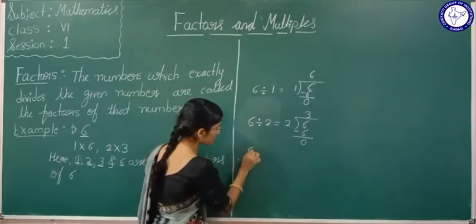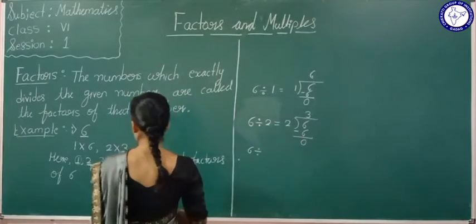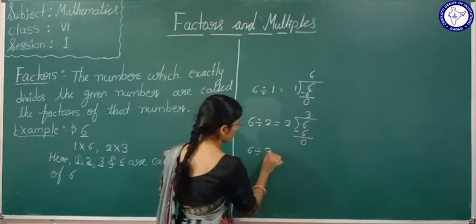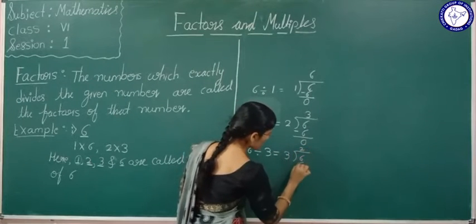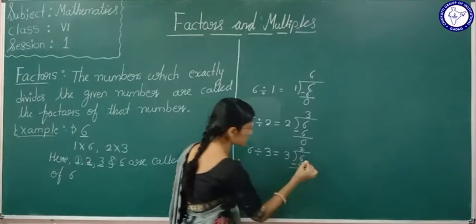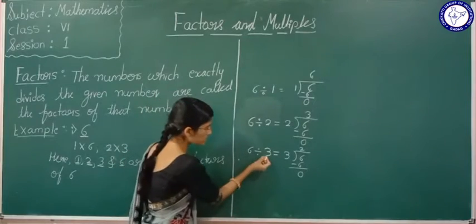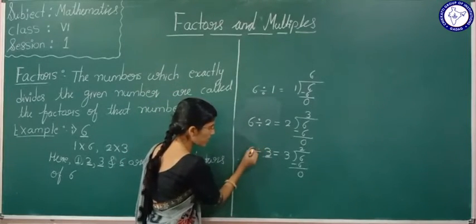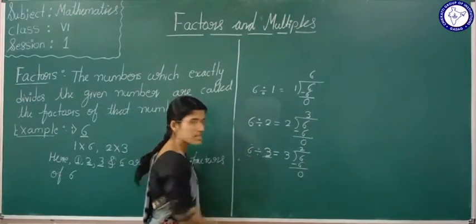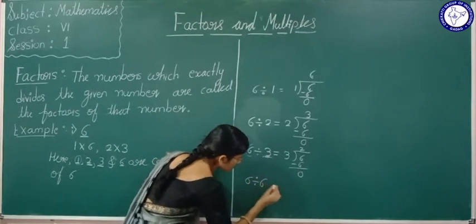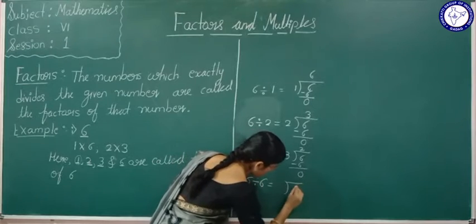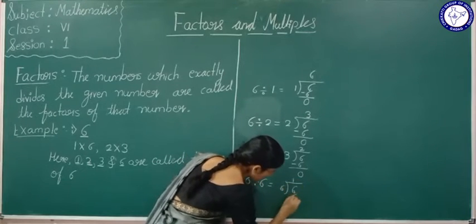In the same fashion, 6 divided by 3. 3 2s are 6. 6 minus 6 is 0. Here 3 is dividing the 6 completely. Yes or no? Now do 6 divided by 6. 6 1s are 6.